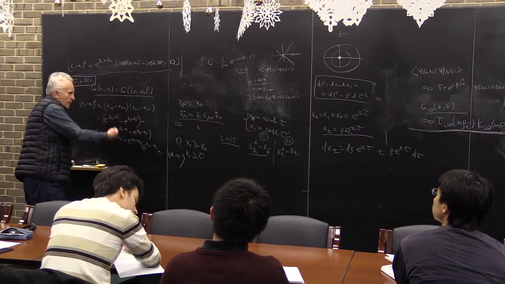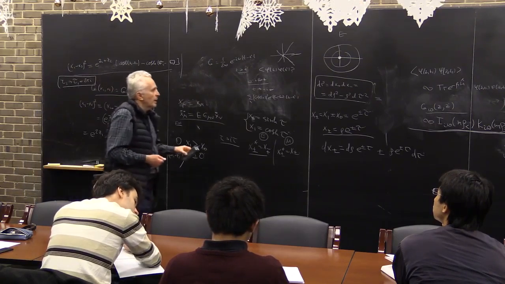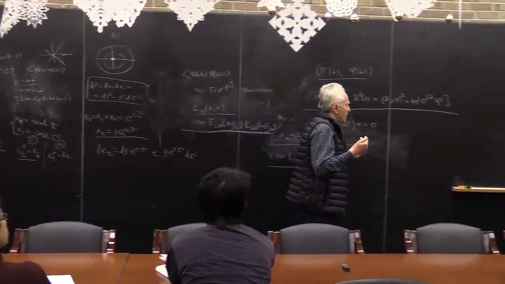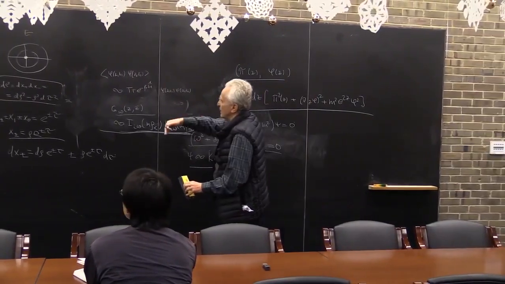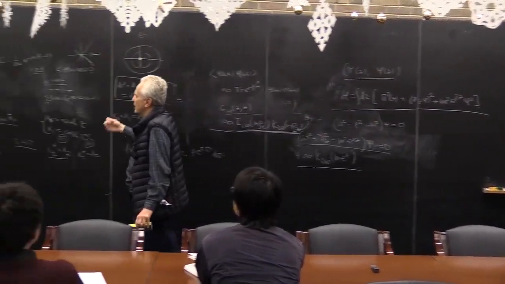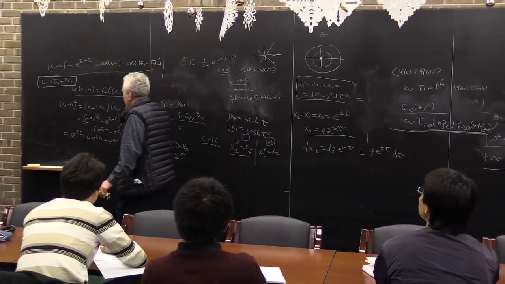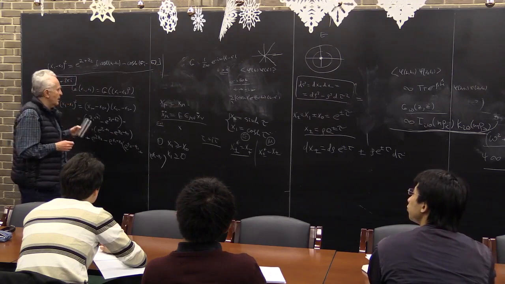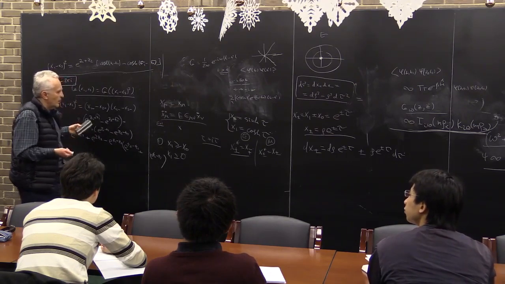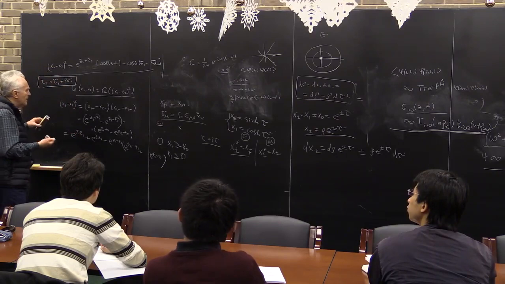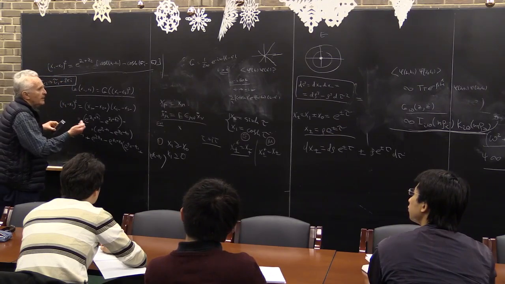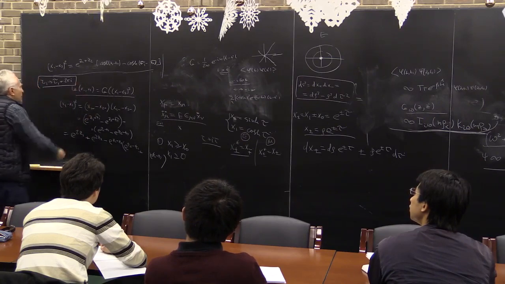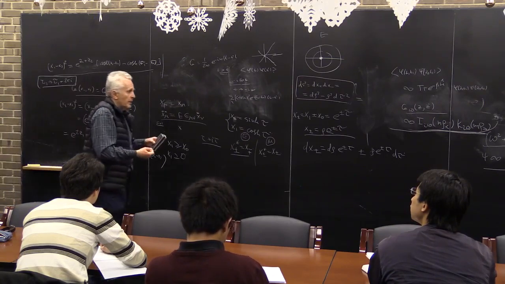And that's the analogy here. By the way, once you understand these accelerated frame things well, there will be very little difference when you consider black holes and de Sitter space. The origin of the mechanism is basically here, and it's common to these cases.